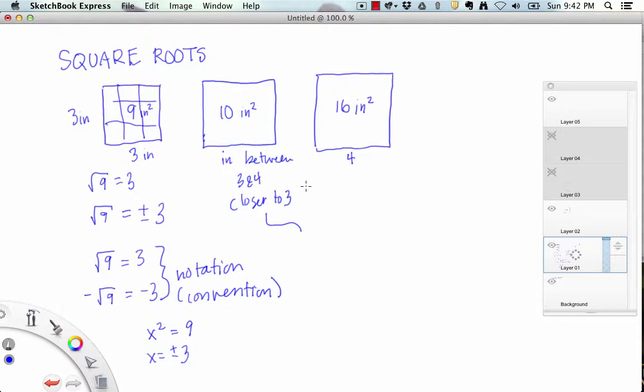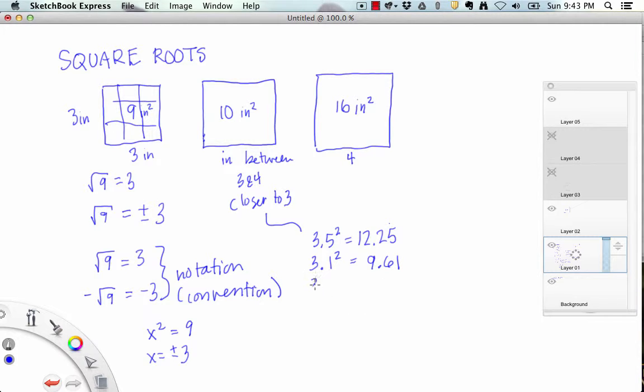Okay, so let's pull up a calculator here and we can try. So we know 3 squared is 9. 3.5 squared turns out to be like 12 and a quarter. 3.1 squared is 9.61.